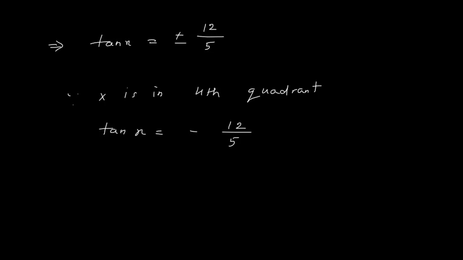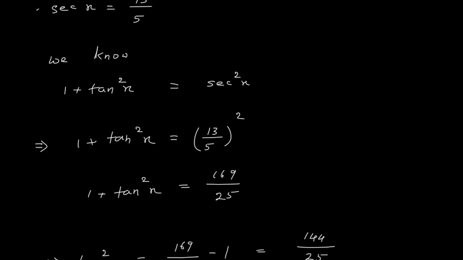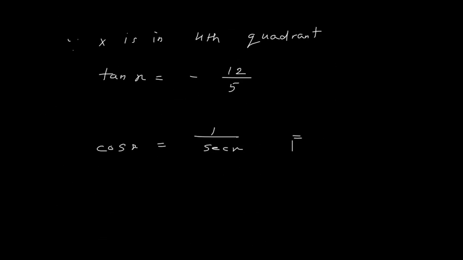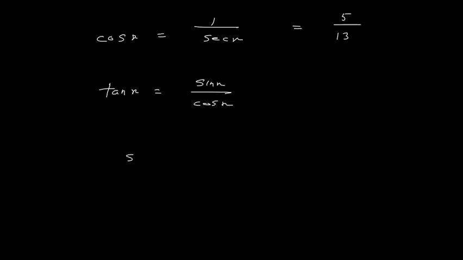I can find the value of cos. Cos x is 1 upon sec x. The value of sec x is 13 upon 5, so it is 5 upon 13. This is cos x. We have tan x is equal to sin x upon cos x. So from here we can get the value of sin x as tan x into cos x.